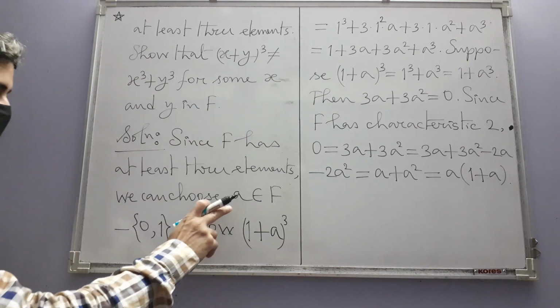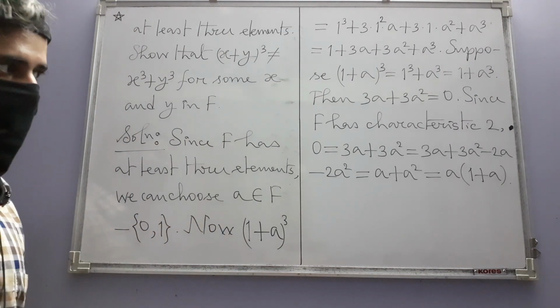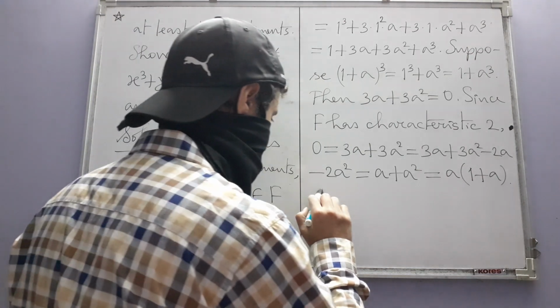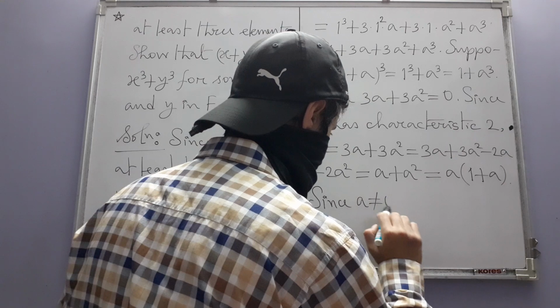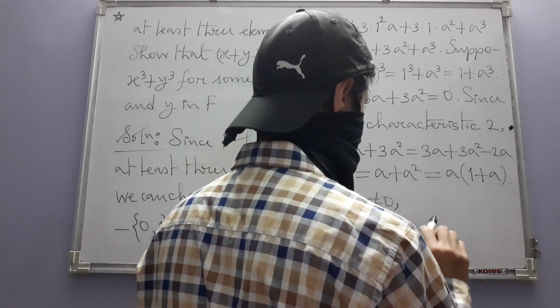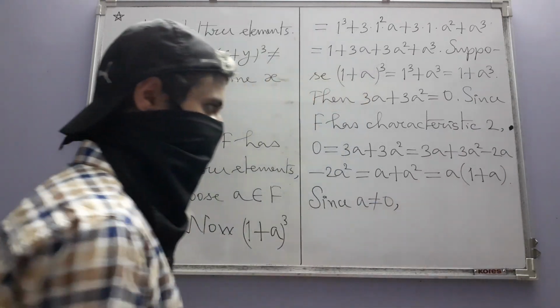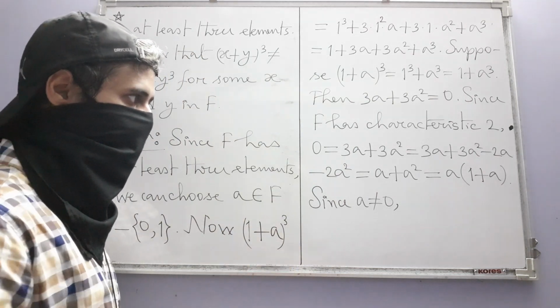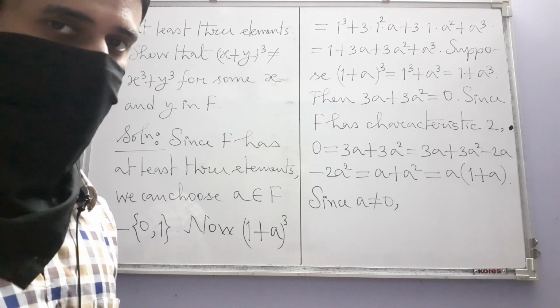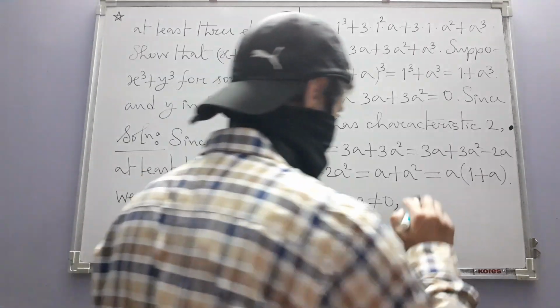But according to our choice, a is not equal to 0. Since a is not equal to 0, you can cancel a from both sides, or more precisely you can multiply on both sides by the inverse of a under multiplication.